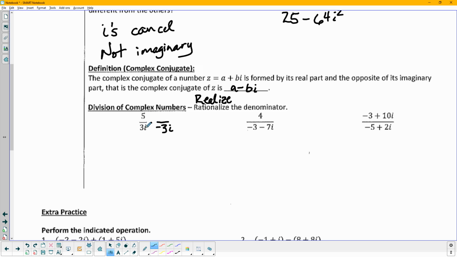But remember, when we're dealing with any numbers, we can't just do something to the bottom. That's going to change this number entirely. I don't want to change it. I just want to come up with a new way to look at it. So I have to do that same thing to the top. Okay, now on the bottom, I have 3i times negative 3i. That's going to be, I guess I'll give myself some room here.